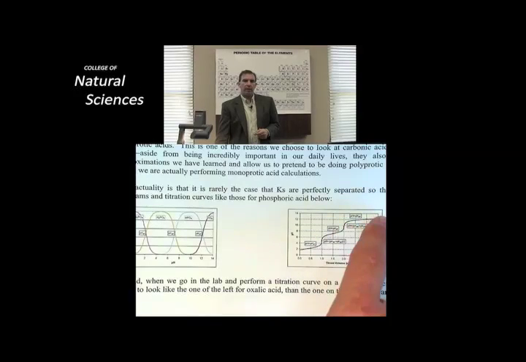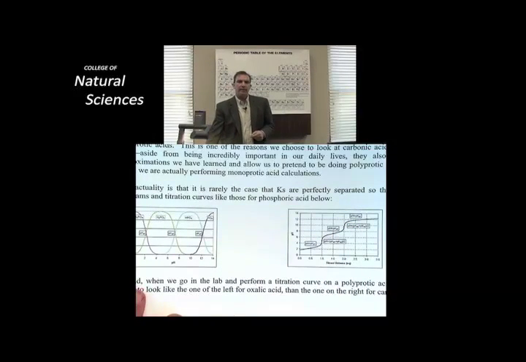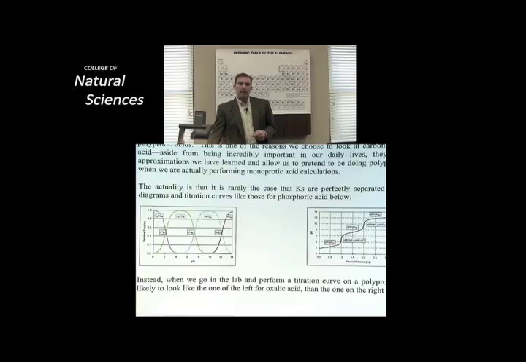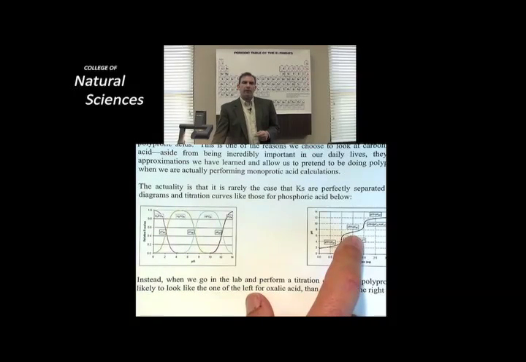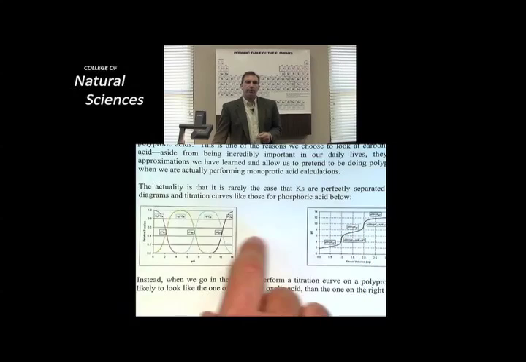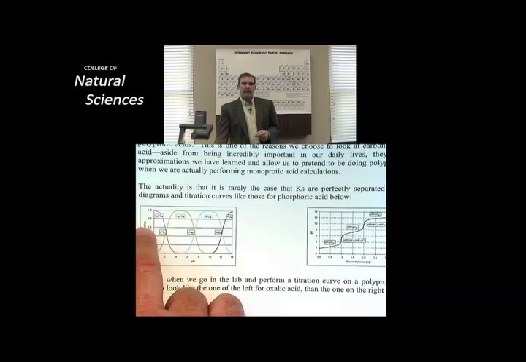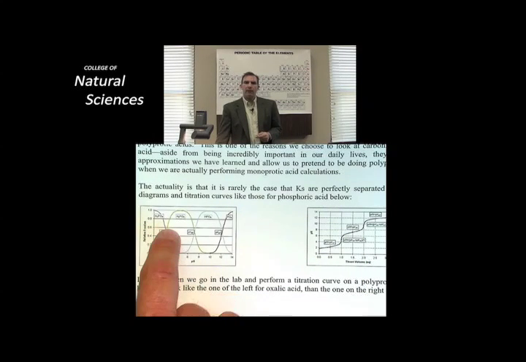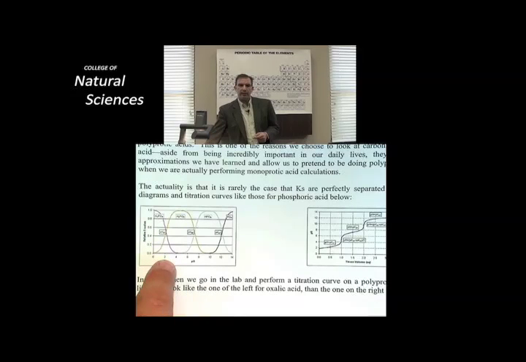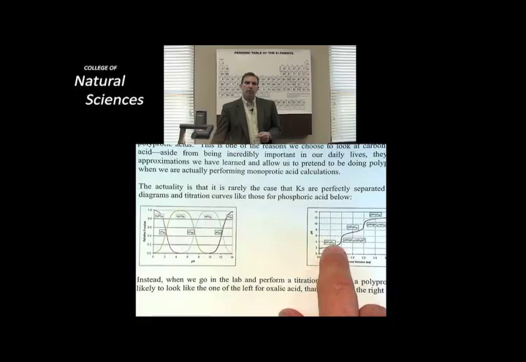Now, having said all that, we can see that lots and lots of things turn out to be equivalent here. So, for example, if I want to find out where the pH equals the pK, I can see it here on the alpha diagram, and I can see it here at half the volume on the titration curve.